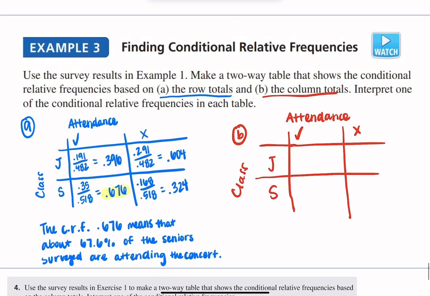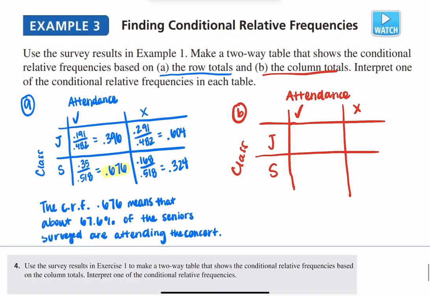So now I'm taking the same numbers, so I'm going to go ahead and copy those over: 0.191, 0.35, 0.291, and 0.168. And now I'm putting those over my column totals instead.